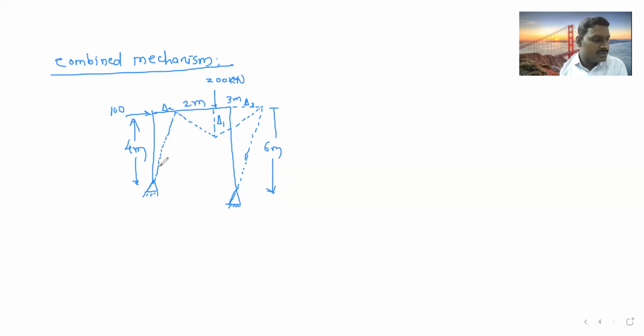Now the very important thing is here. Now we have to give the rotations. In the combined mechanism, this angle will be 90 degrees. This angle will be 90 degrees. If this is theta, you can do the calculations and you will get that if this angle is 90 degrees, this will be theta.